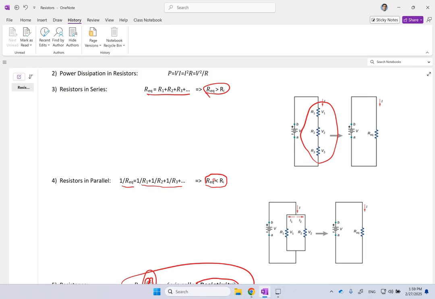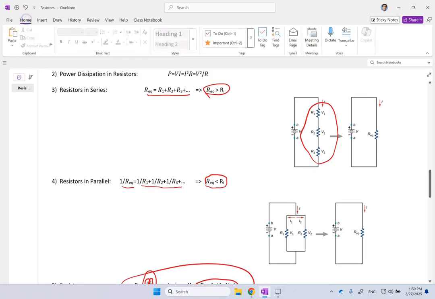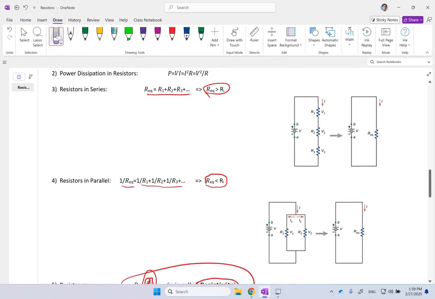Okay? And it's not really hard to show this. In this case, when you have them in series, so if you call them R1, R2, R3, there is one single current that is going through all of them, because at each junction, all the current going in is the same as the current going out. And if you call them I1, I2, and I3, you see they are the same.